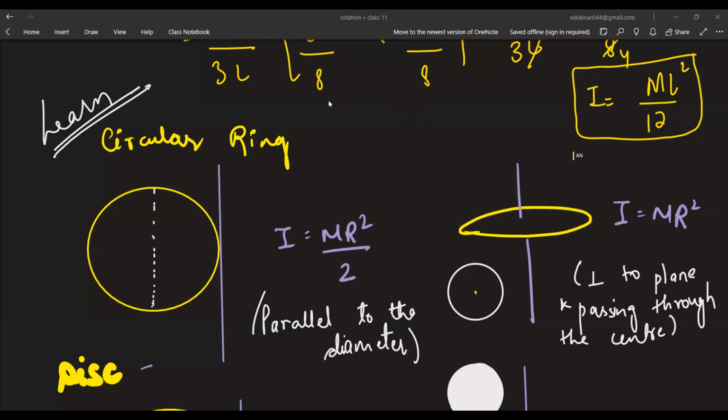Sabiha, your voice was breaking. Please answer properly. What's the moment of inertia for a disk when the axis is parallel to its diameter? I think for the second or third time you have unmuted yourself in this entire session, and that too you're not answering properly.